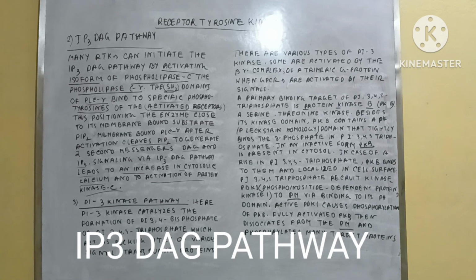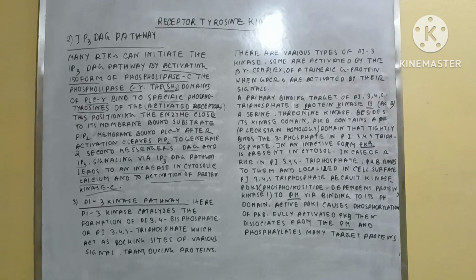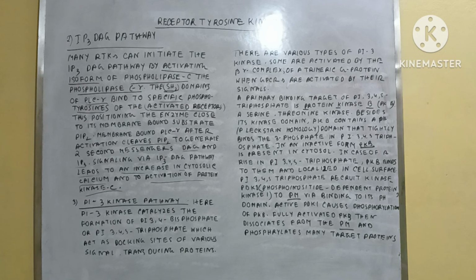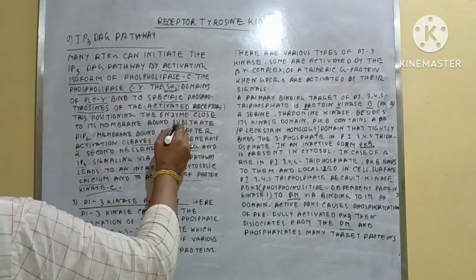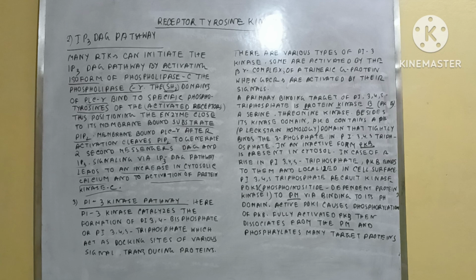When the binding is completed, the position of the enzyme is close to the substrate PIP2. So the membrane-bound PLC gamma, just after activation, cleaves the PIP2.